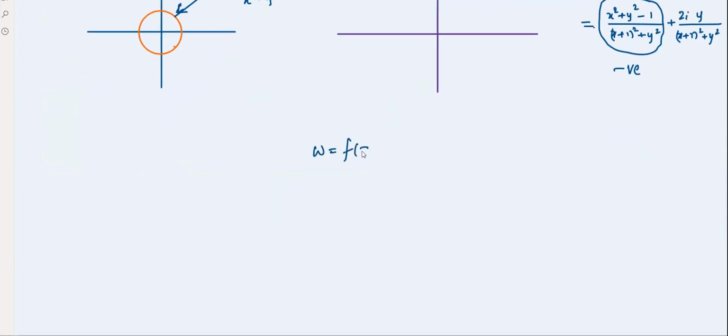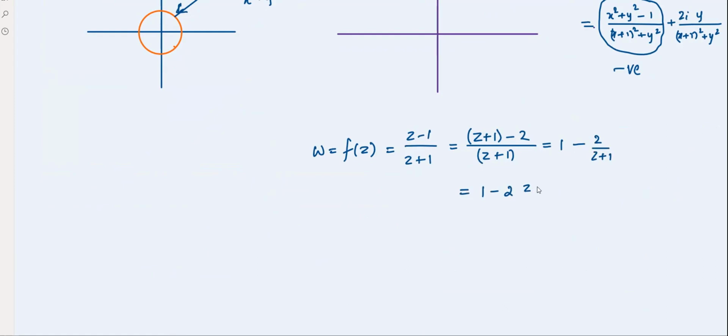This is z minus 1 by z plus 1, right? I will write this as z plus 1 minus 2. This is much better. I get this as 1 minus 2 over z plus 1, which is 1 minus 2 into z plus 1 conjugate over modulus of z plus 1 square.